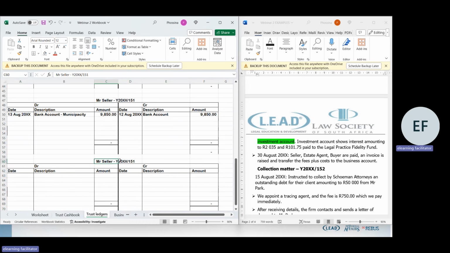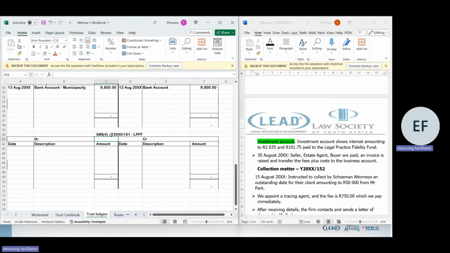Create our ledger for section 86.4, and this is for file reference Y20XX151, and then this is for the Legal Practitioners Fidelity Fund.